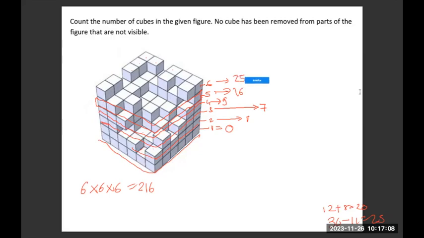Now, when I add all of these together, the total remaining cubes in the solid will be 216 minus, let me do this, 1 plus 7 plus 9.